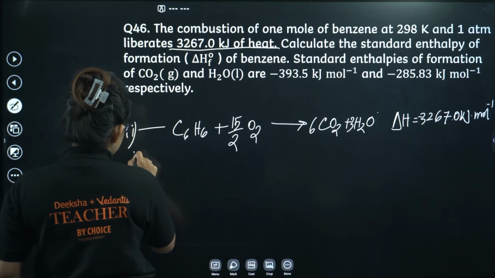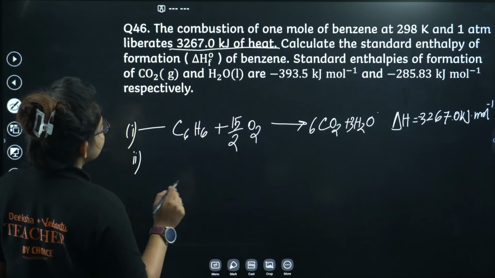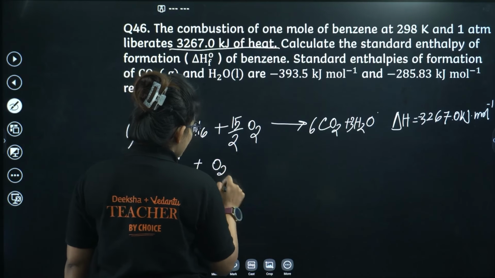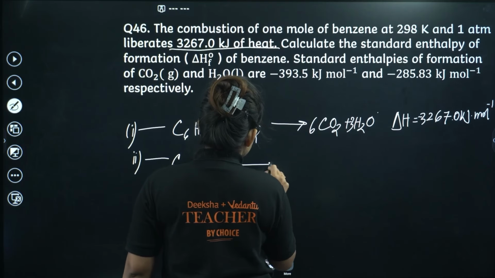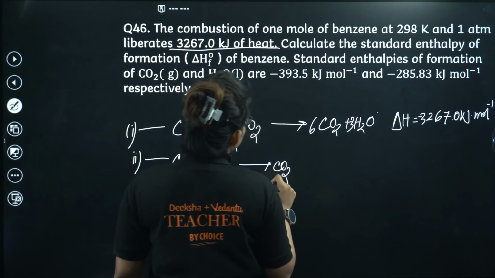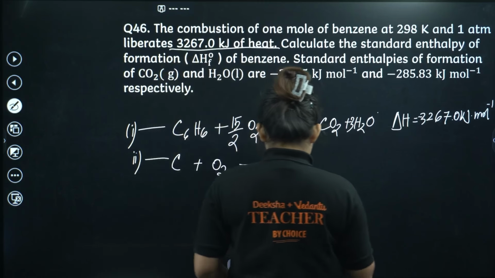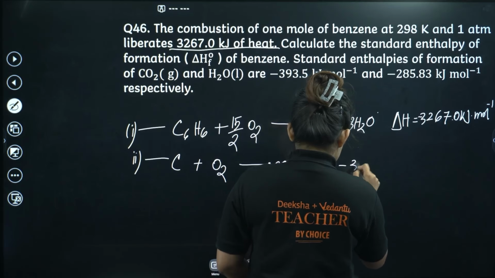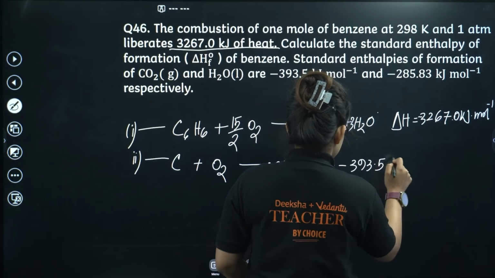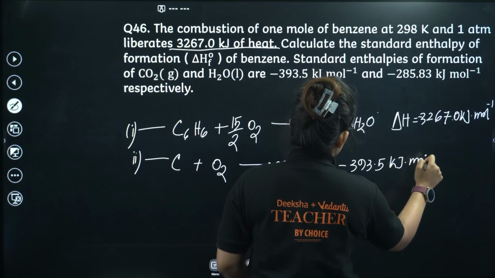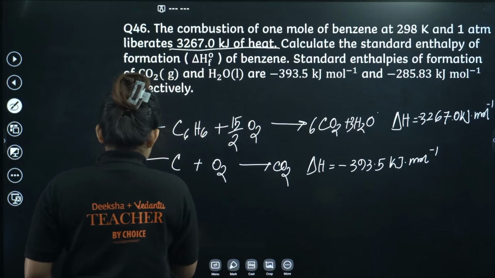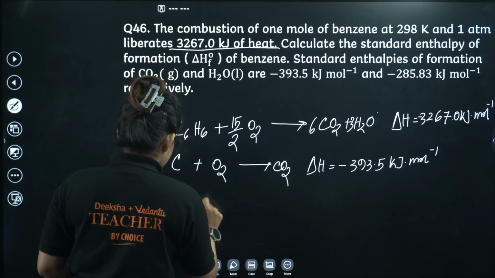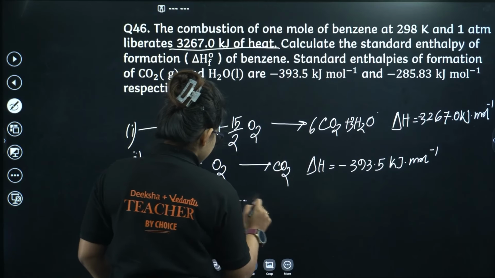Fine, this is my equation number 1. Let's proceed with equation number 2, that is formation of CO2. C plus O2 will give you CO2. For this, delta H value is also given as minus 393.5 kilojoule per mole. Equation number 3 is H2 plus half O2 will give you H2O.